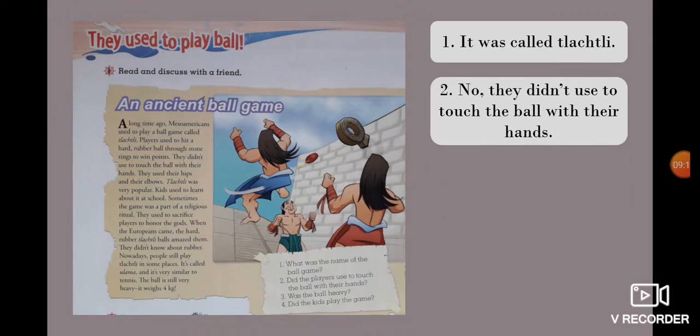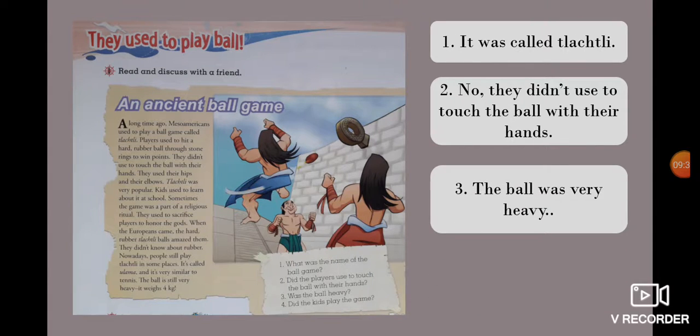Number two. Did the players used to touch the ball with their hands? No, they didn't used to touch the ball with their hands. They used to touch the ball with their hips and also with the elbows. Exactly. Excellent. Number three, was the ball heavy?